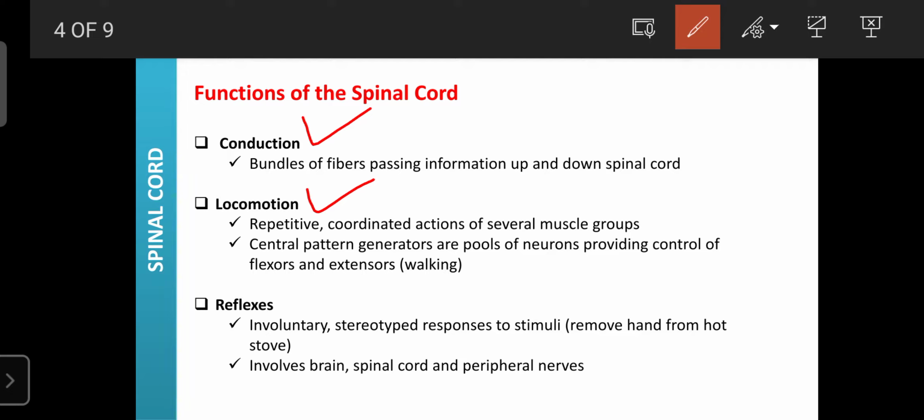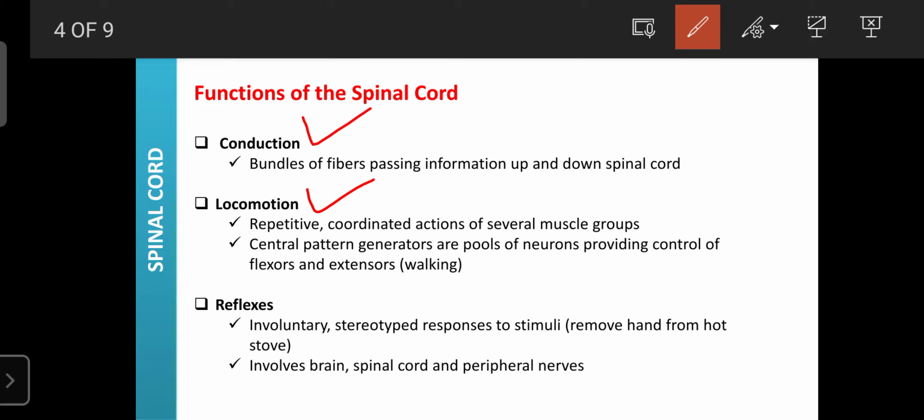If there is a problem in the cervical region, then we have paralysis in the upper limbs or in the hands. Like that, the spinal cord is mainly helpful for regulating locomotion such as writing skill, holding objects, as well as running, walking, even sitting posture.